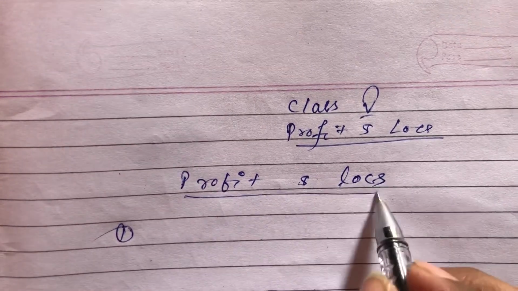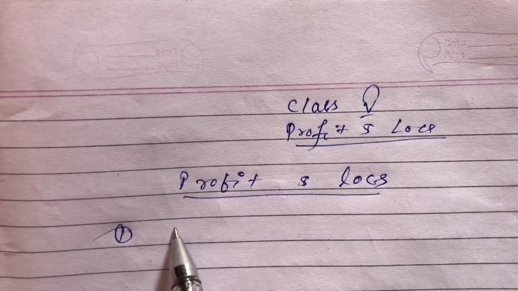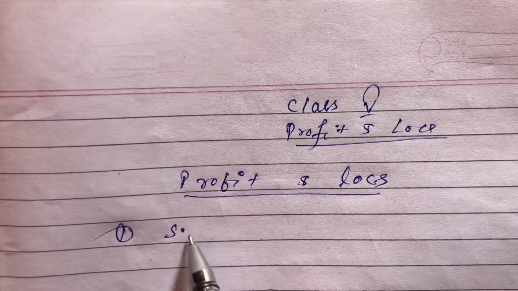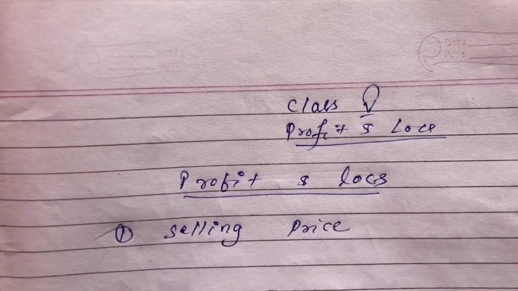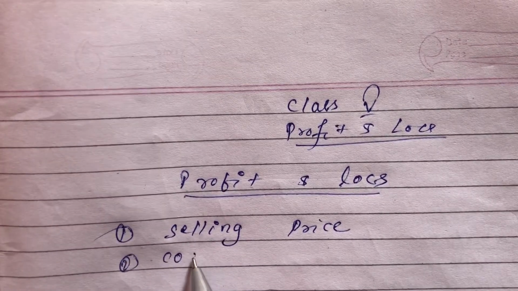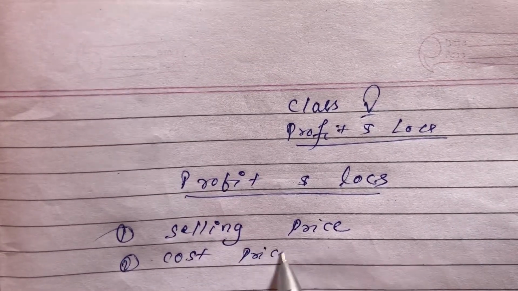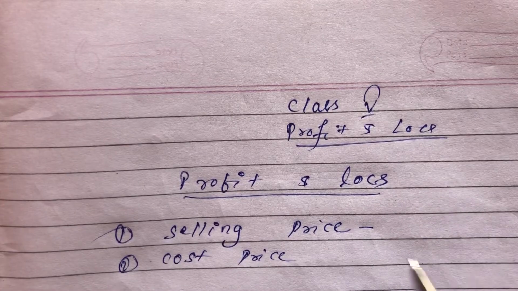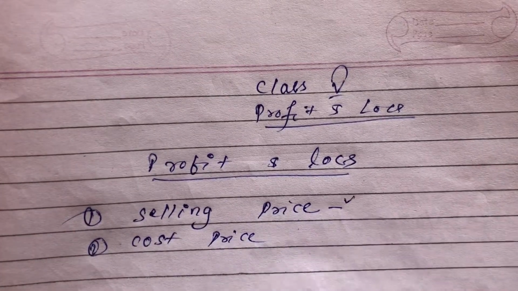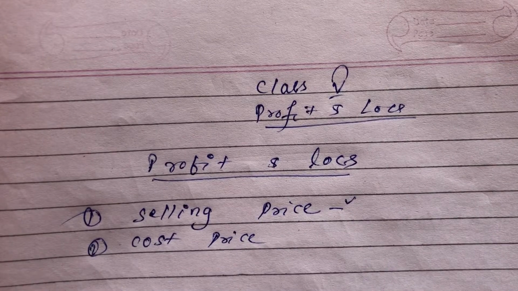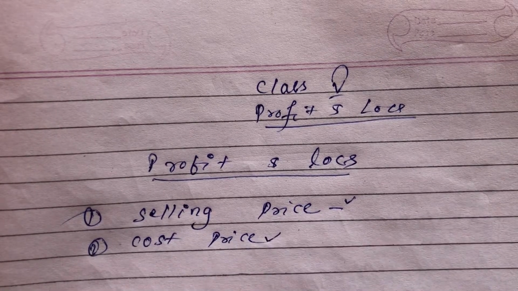In this chapter we have to discuss selling price and cost price. What is the meaning of selling price? Selling price means the price in which the goods are sold, and the cost price is the price in which the goods are bought.